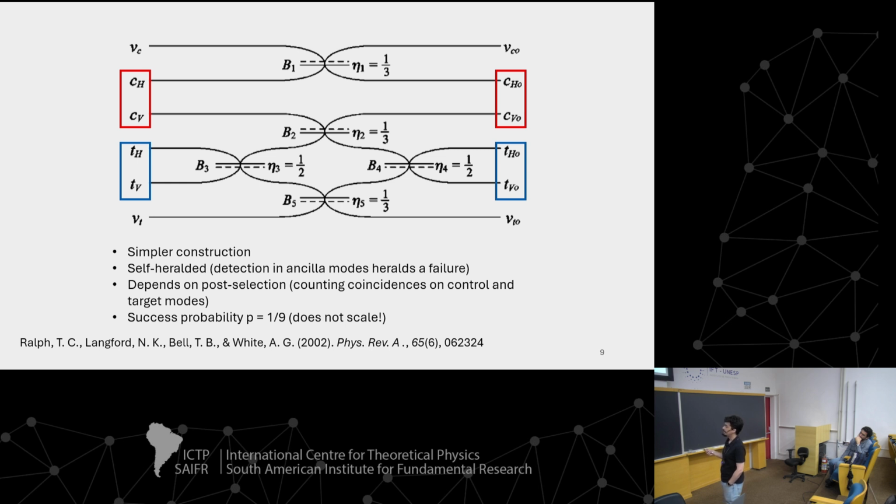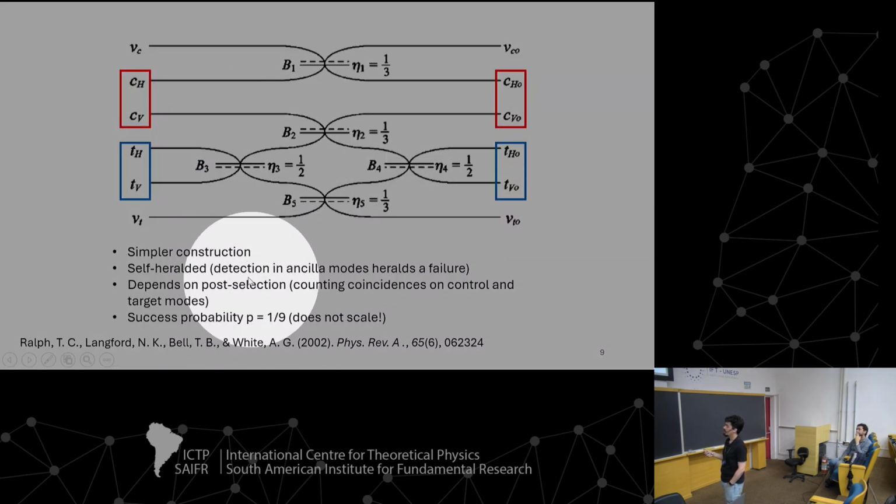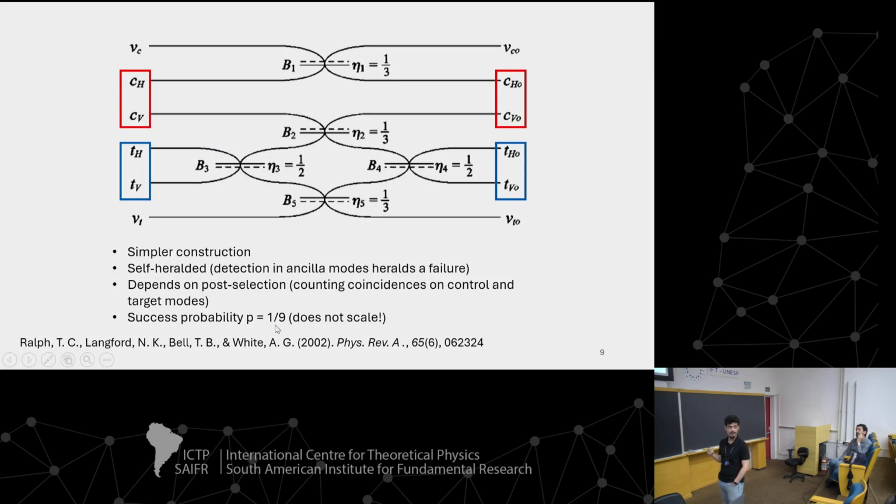But the thing is, while it doesn't need external resources, it's stuck at a probability of 1 out of 9 of giving you the correct answer. You know if it works, you know if it doesn't work, but it doesn't scale. So if it's 1 out of 9, if you need thousands or even hundreds of CNOTs in your circuit, you're done. It's never going to work.